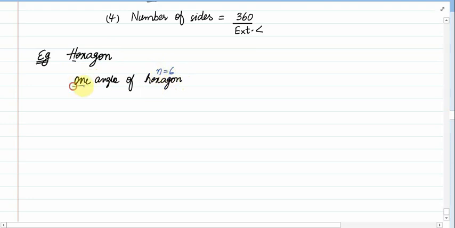So if you need to find one angle, we studied the working formula which says n minus 2 into 180 divided by n, because it's a regular polygon. With n as 6, that will be 6 minus 2, 4 into 180 divided by 6. So 4 into 180 divided by 6 gives you the value of 120 degrees. That means in a regular hexagon all the angles are 120 degrees.